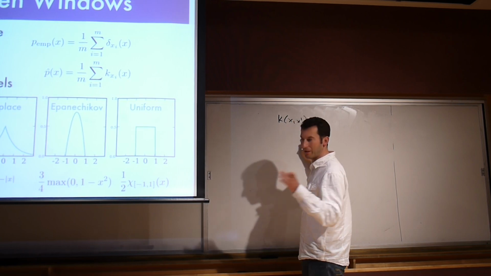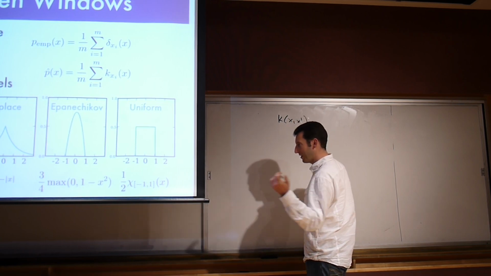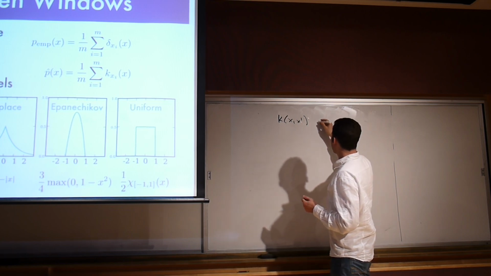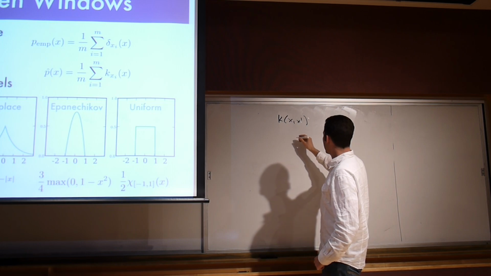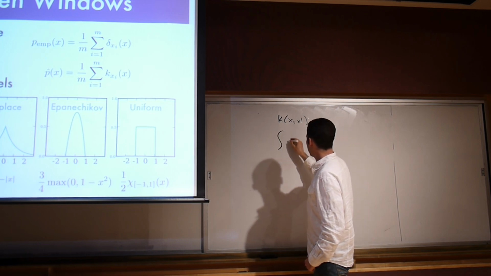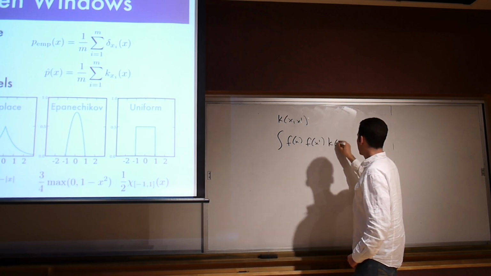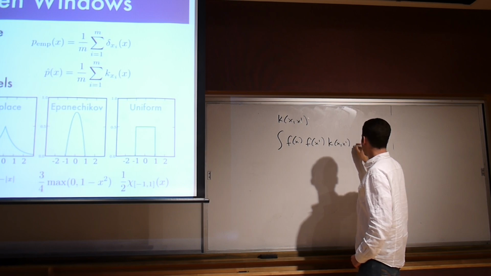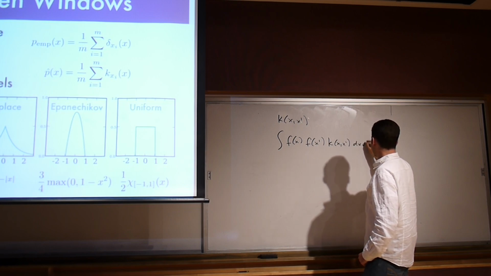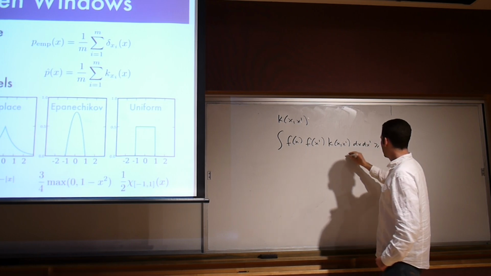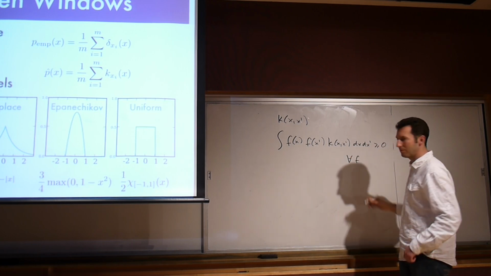Don't worry, you won't really need that for anything in this lecture, but just to explain that point. It needs to satisfy the condition that for any f, the integral of f of x prime, k of x prime, dx prime is greater or equal than 0 for all f.